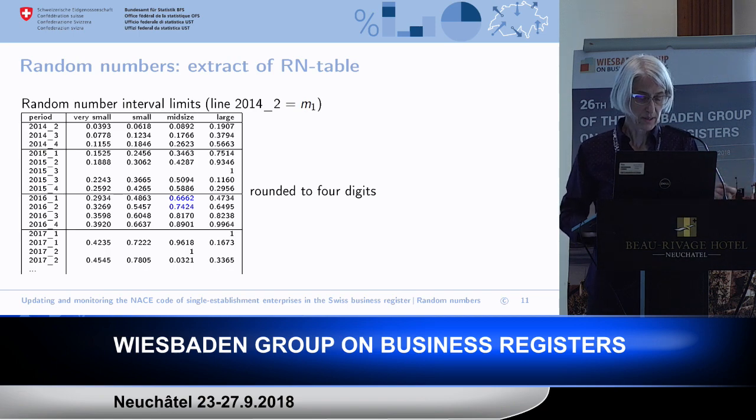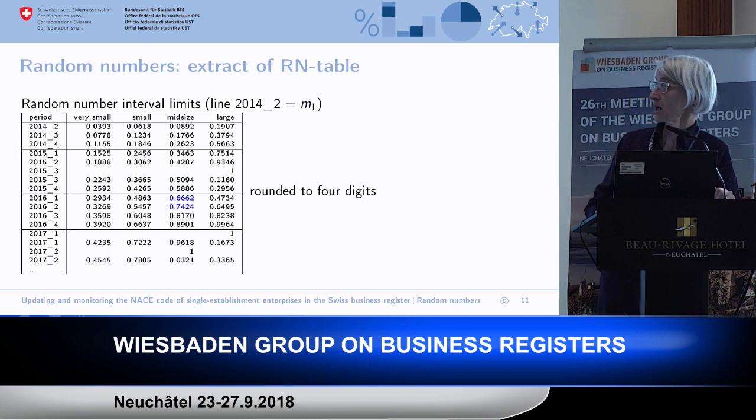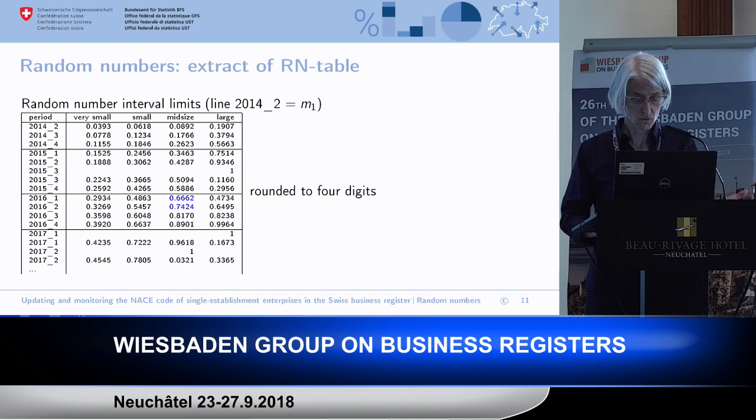For example, for the mid-size enterprises, the first sample is built with all enterprises with random numbers between 0 and 0.0892. The blue numbers show the lower and upper interval limits of the 9th selection interval for the mid-size class. The one in the large class lies in the 6th quarter.